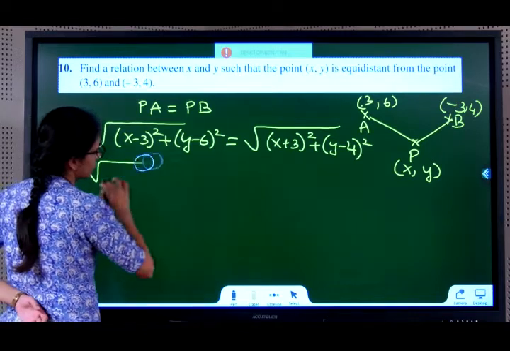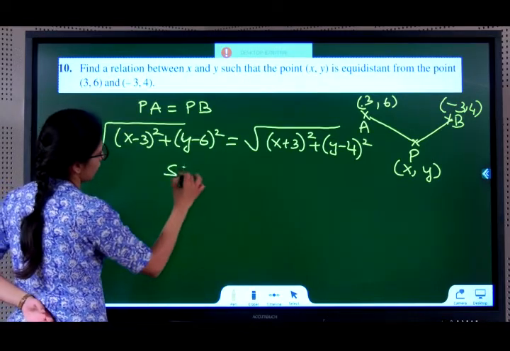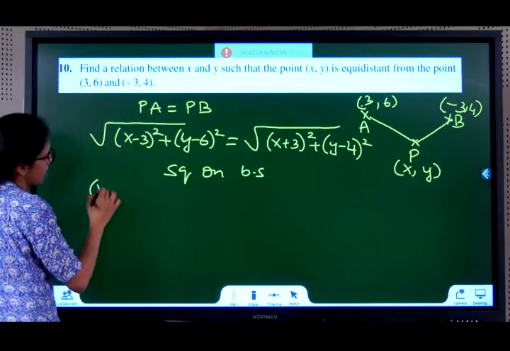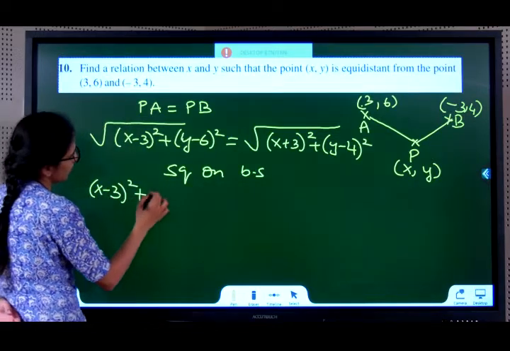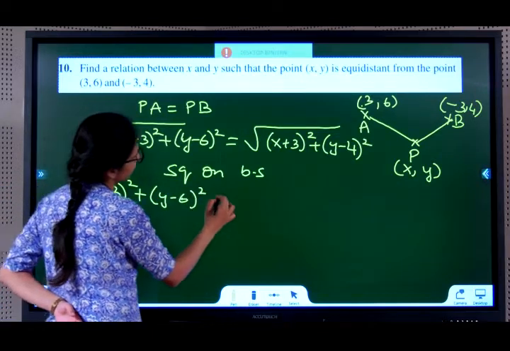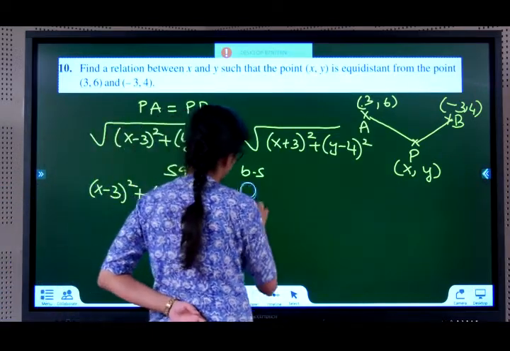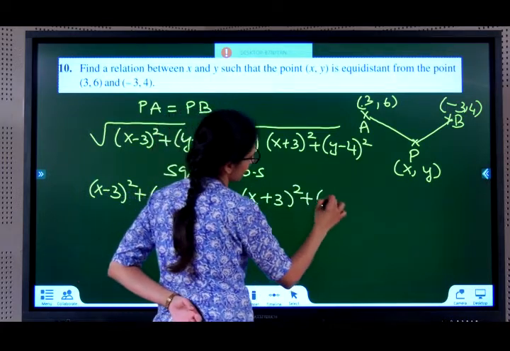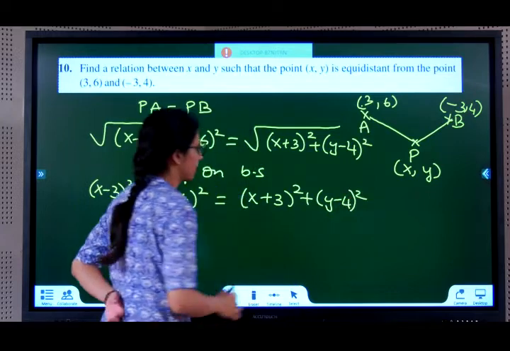Root and root, you can leave it how? Squaring on both sides. So this becomes (x minus 3) the whole square plus (y minus 6) the whole square is equal to (x plus 3) the whole square plus (y minus 4) the whole square.